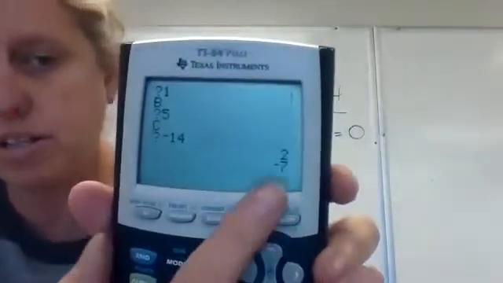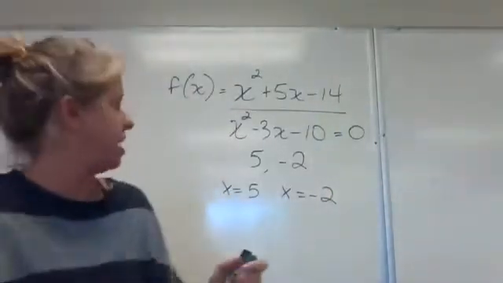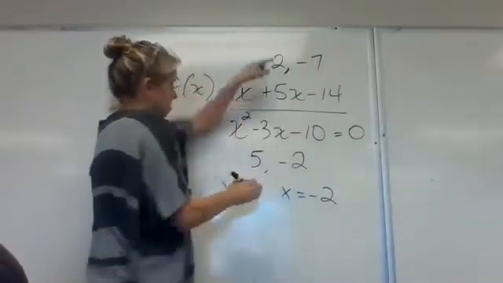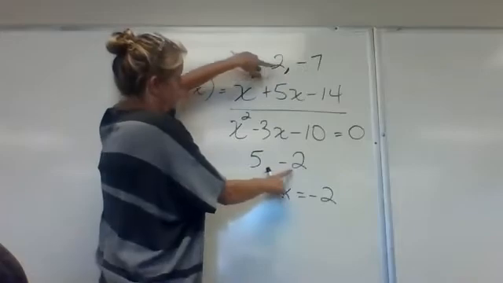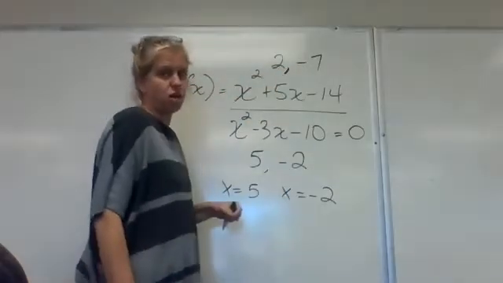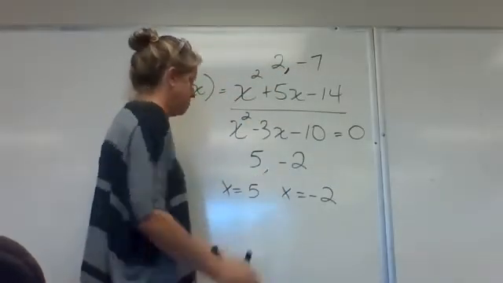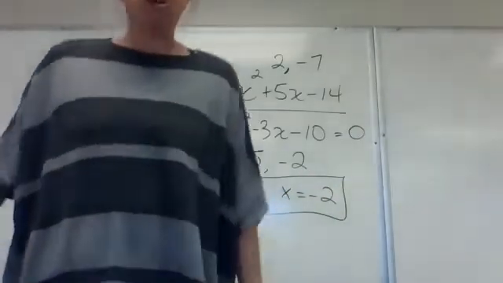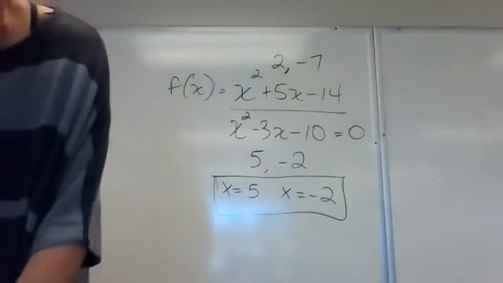So here, those answers are 2 and -7. So no, neither one of those is the same as 5 or -2. So those are two true vertical asymptotes of that function.